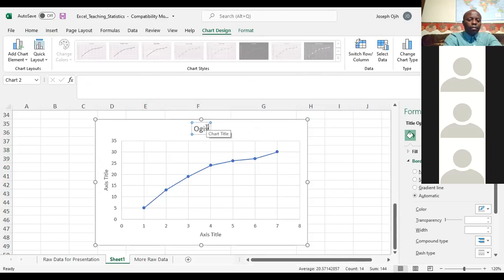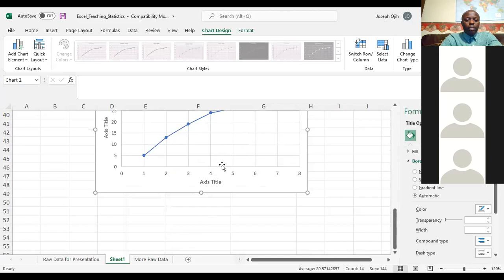The GPS price data. Okay. Then here, these are the prices. Prices in dollars.